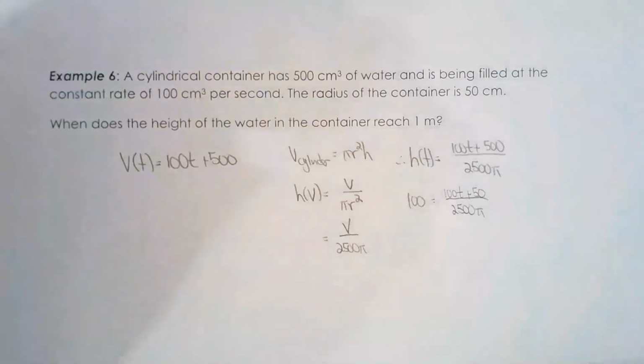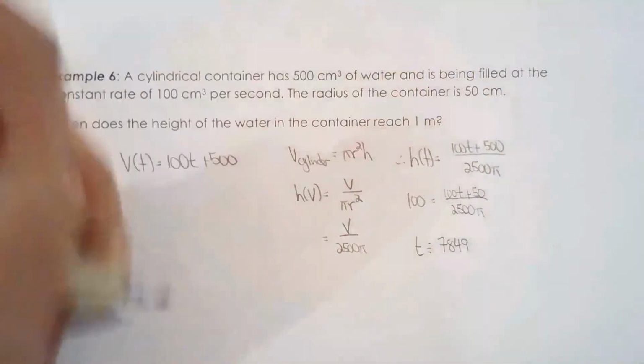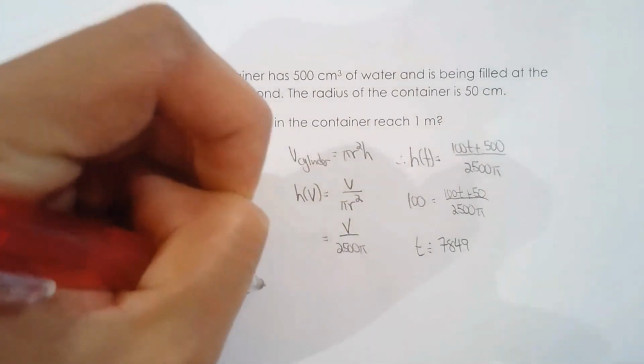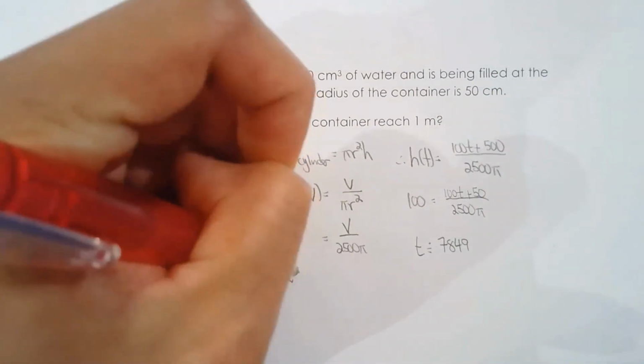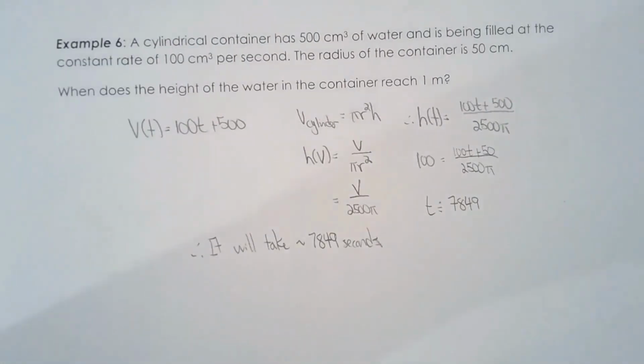You can crunch it out, but basically it's a grade 9 linear equation, so about 7,849. Therefore, it will take approximately 7,849 seconds. Okay, so this is the last way of combining two functions.